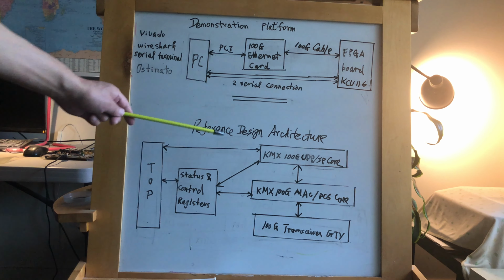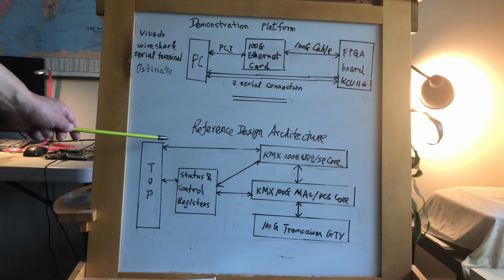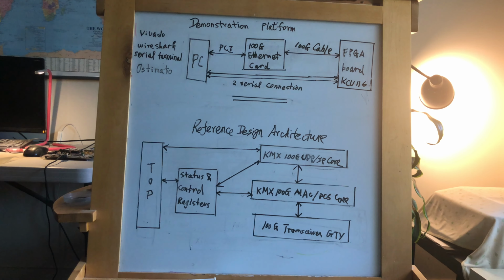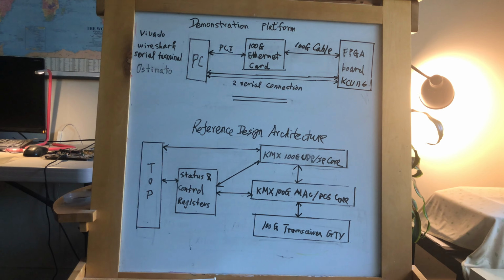The reference design architecture. Let's take a look at the picture. The reference design architecture contains 5 components. The top layer is responsible for generating clocks and managing the clock system for the whole reference design. It also acts as user logic to connect with the KMX 100G UDP IP core to send and receive packets. The connection is an AXI4-Stream bus.